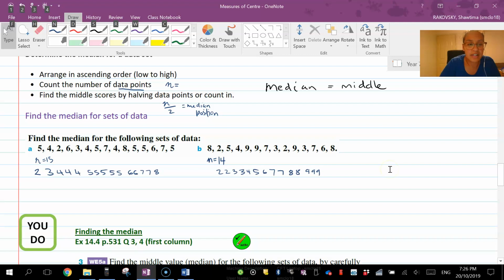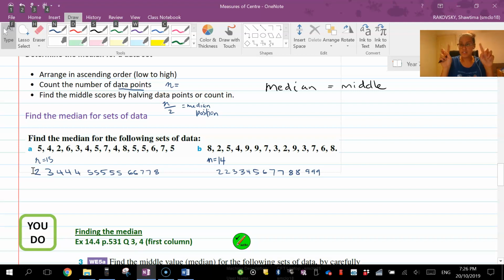So what I've done is I've arranged them in ascending order. I've taken these numbers and put them in a line. What I'm going to do is find the halfway point in this data. It's very hard to show you when I'm doing it on the screen.